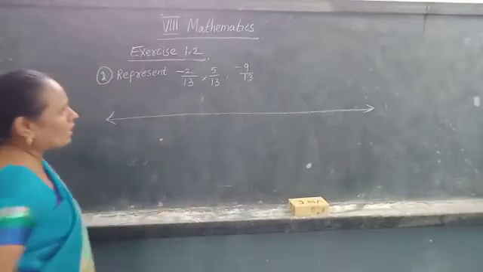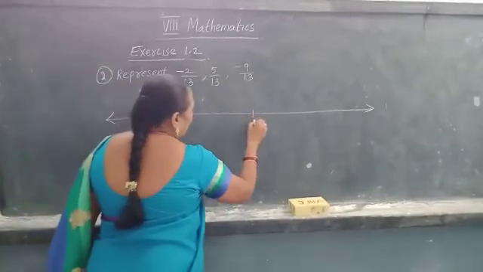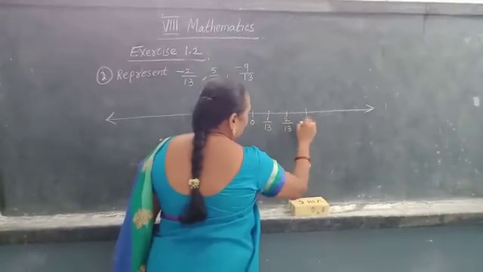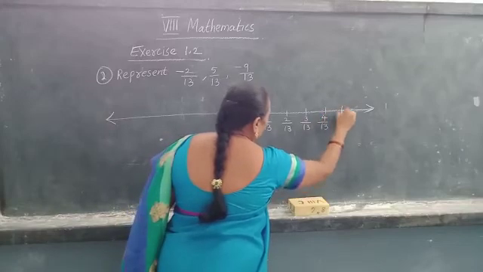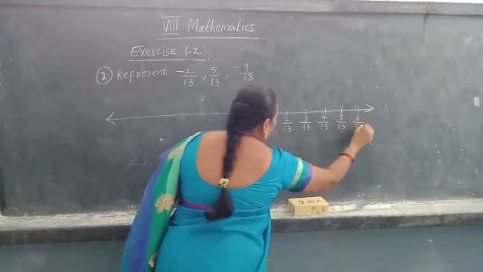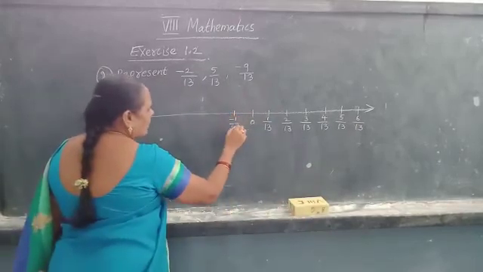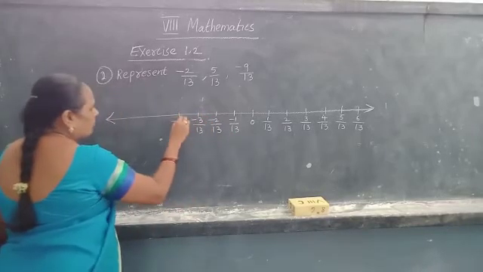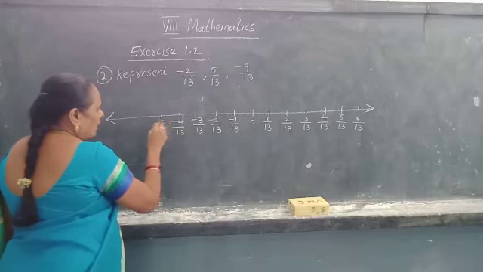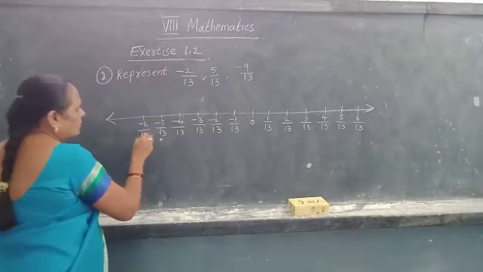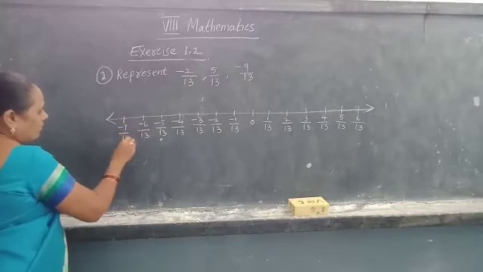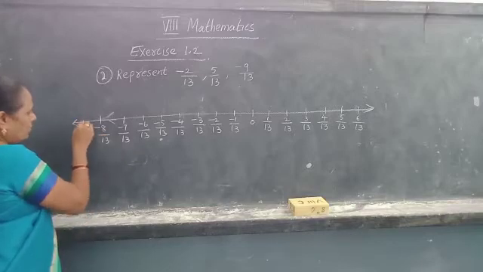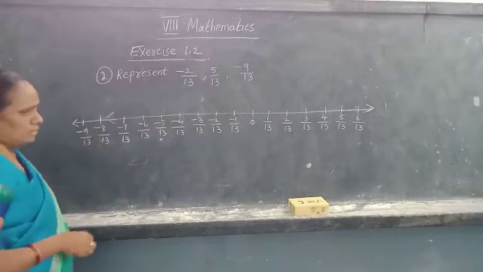So you are having the negative and also positive, you have to take both. Now here: 1 by 13, 2 by 13, 3 by 13, 4 by 13, 5 by 13, 6 by 13. Minus 1 by 13, minus 2 by 13, up to minus 9 by 13.